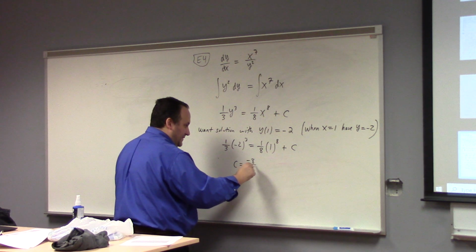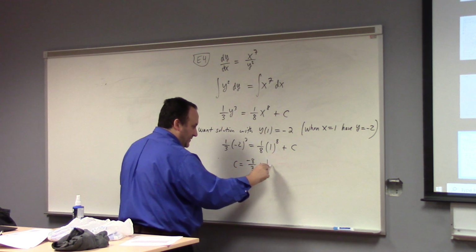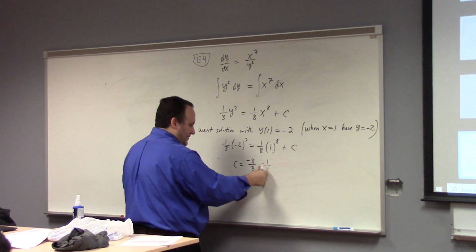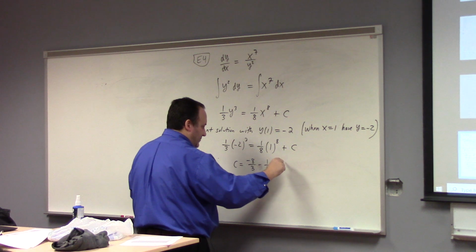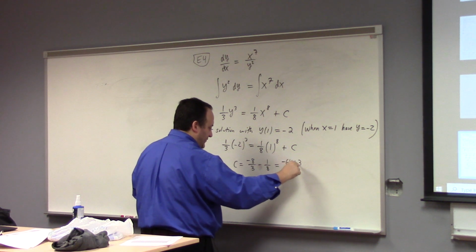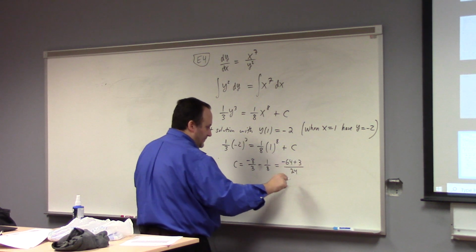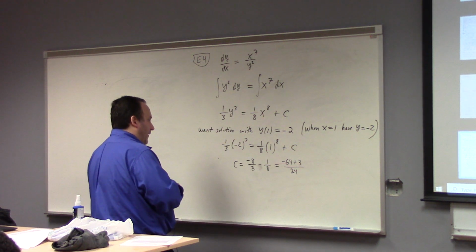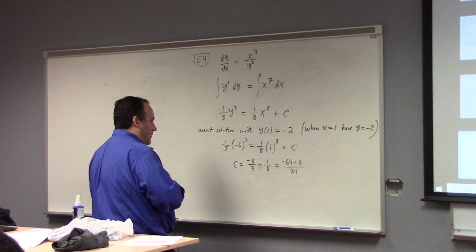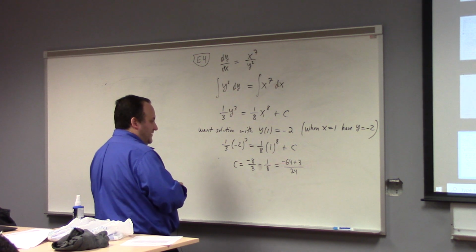Minus 8/3 minus 1/8, right? Minus 1/8, which is like minus 64 plus 3 over 24.